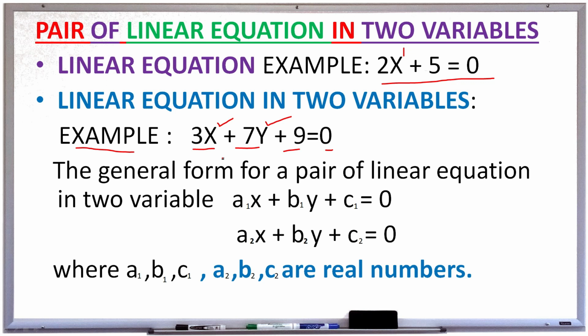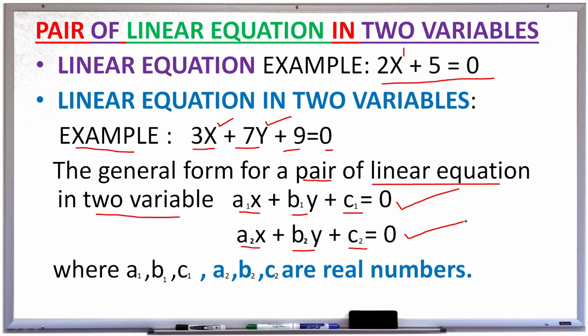The general form for a pair of linear equations in two variables, we can say, a1x plus b1y plus c1 is equal to 0. This is one equation. And a2x plus b2y plus c2 is equal to 0.